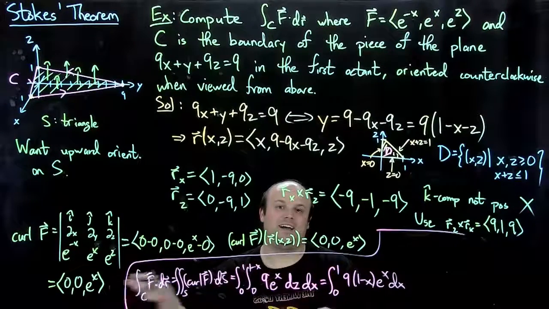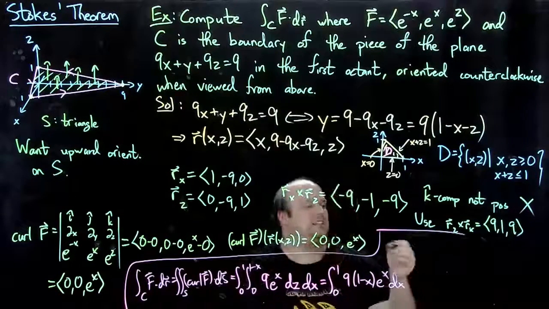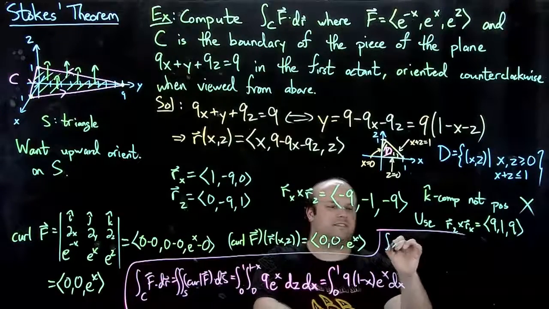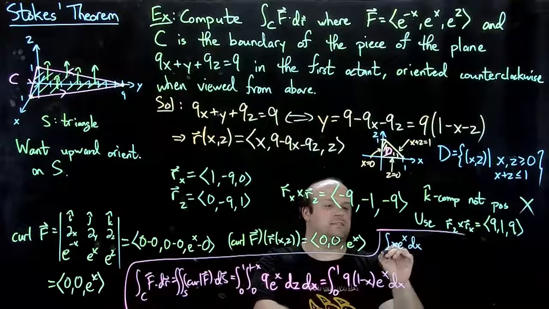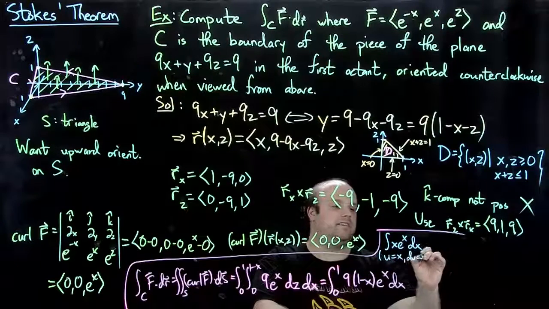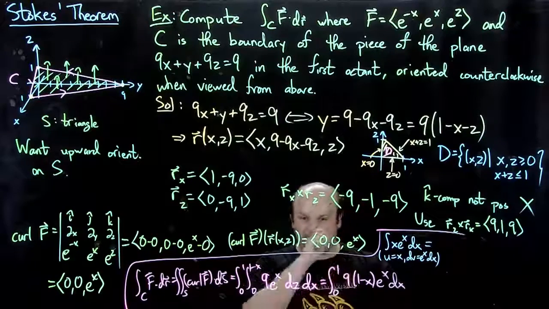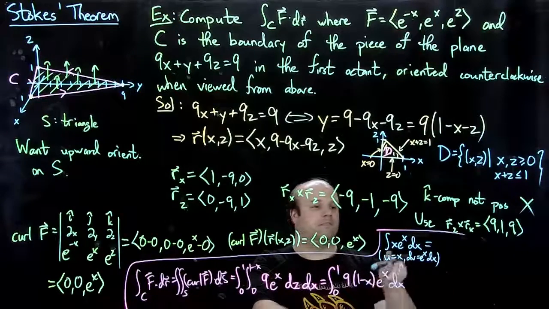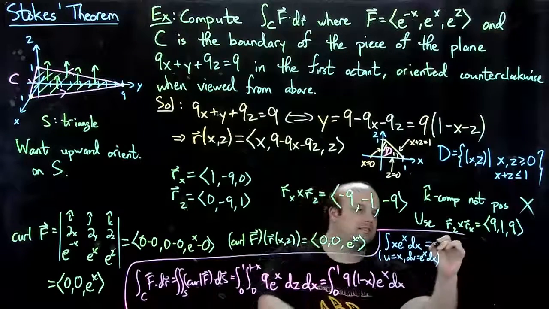Oops, I should have double checked that before we did this. So let's just remind ourselves how to do this. The integral of x e to the x dx. This is integration by parts where we use u equals x, dv is e to the x dx. Remember, integration by parts is uv, so we need to integrate this for v, which is just e to the x.